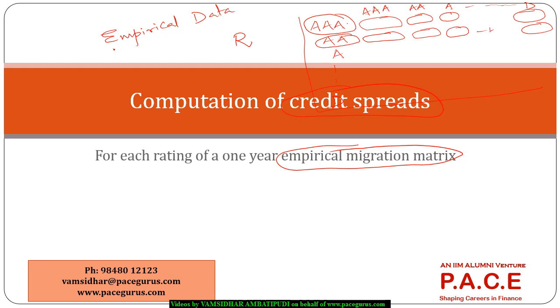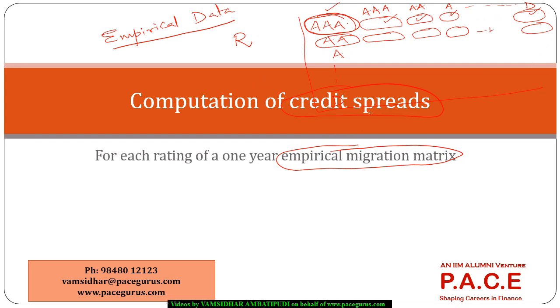We are talking about the historical data over the past few periods, where people have observed a list of AAA rated companies which were rated AAA at the beginning of the year, but by the end of the year, some of them might be in AAA itself, some might have moved to AA, some might have fallen to A, and some might have defaulted within a span of 1 year.